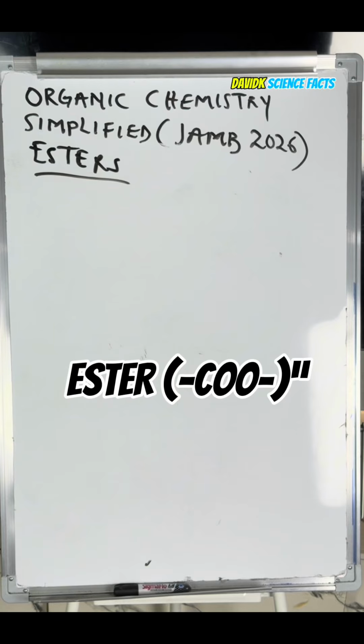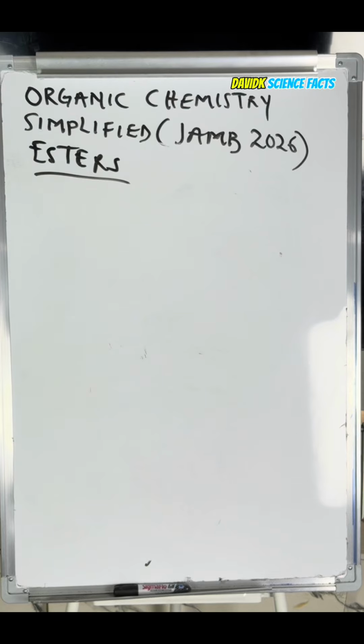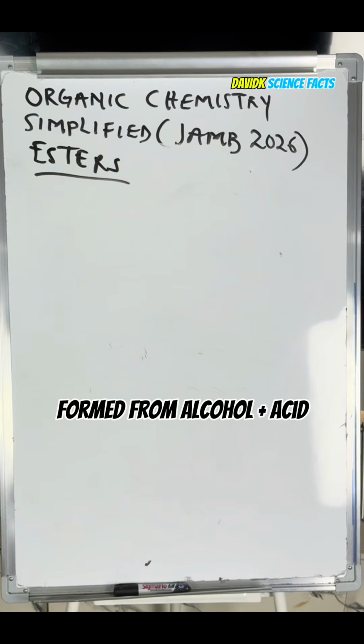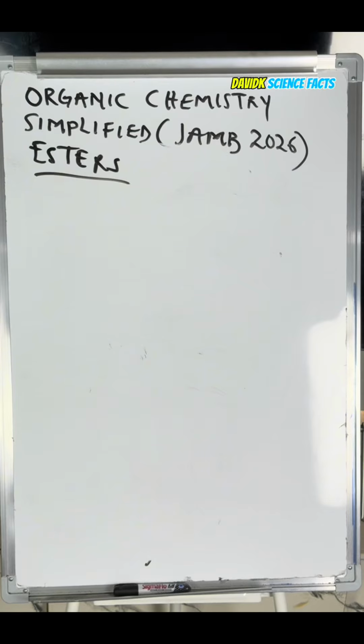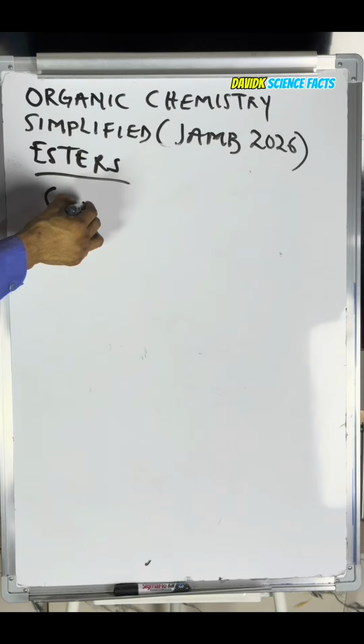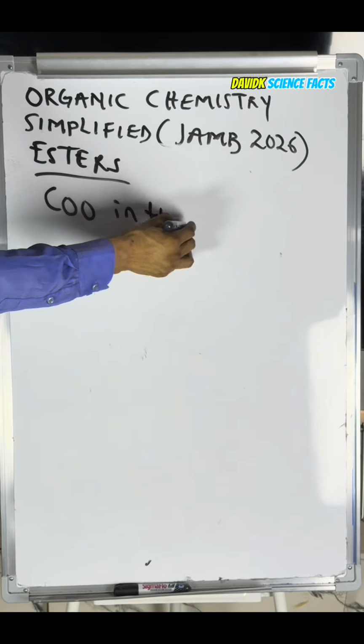Now, what are esters? Esters are formed from alcohol and acid. What I mean is that esters are formed when an alcohol reacts with an acid. So they have COO in the middle.